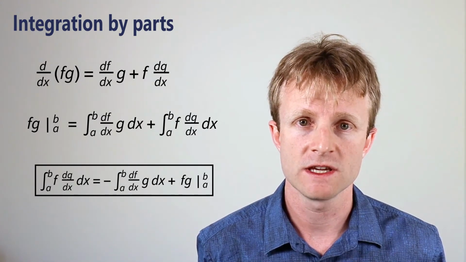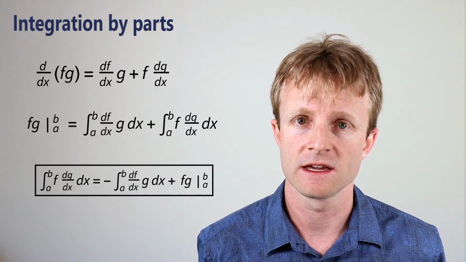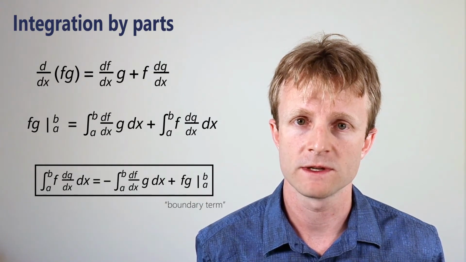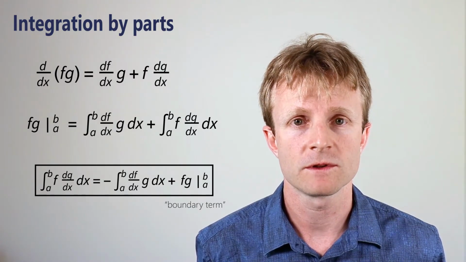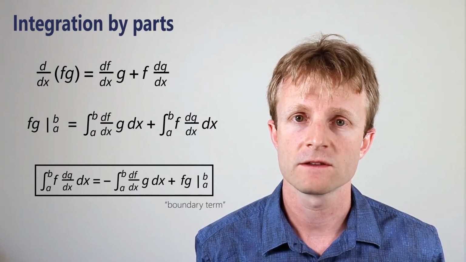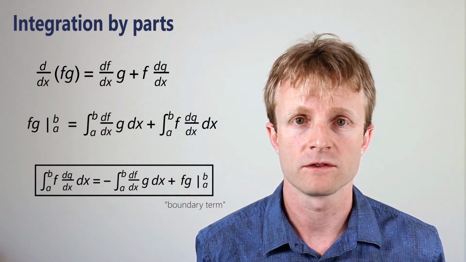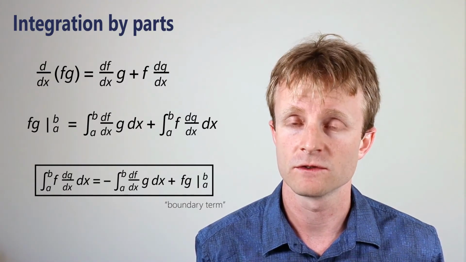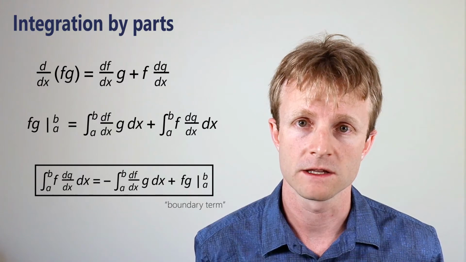This f times g is evaluated at the edges, a and b, of your integration domain, and it's a kind of boundary term. So when we do similar things for the vector calculus fundamental theorems, we're again going to be able to move a derivative from one term to the other at the cost of a boundary term, except now the boundary might be a surface integral or a line integral.